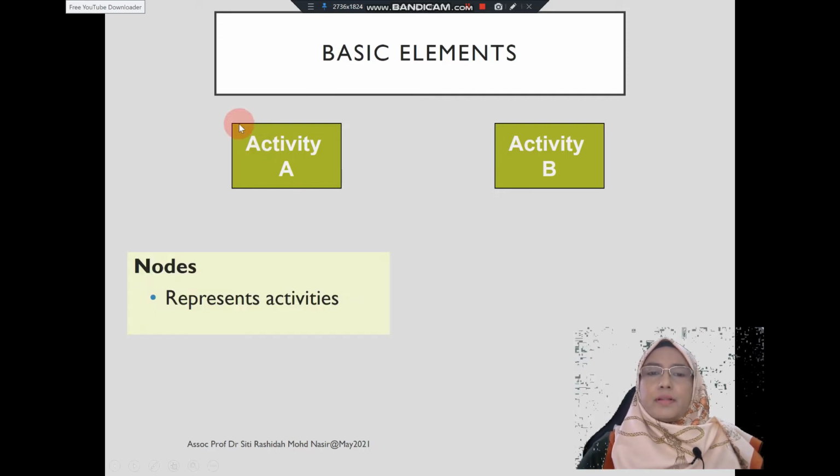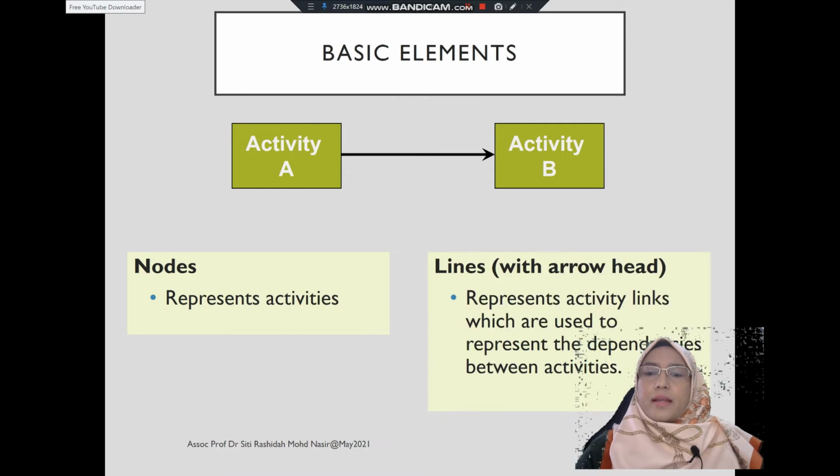For example, node A represents activity A while node B represents activity B. And the line between these two activities represents the link from one activity to another. It is represented with a line with an arrowhead, and this also represents the dependency between one activity and another.